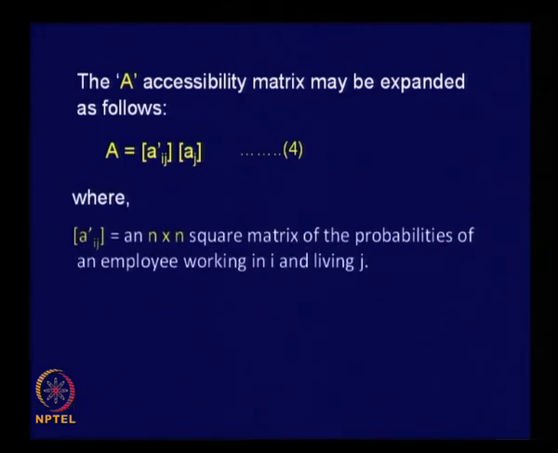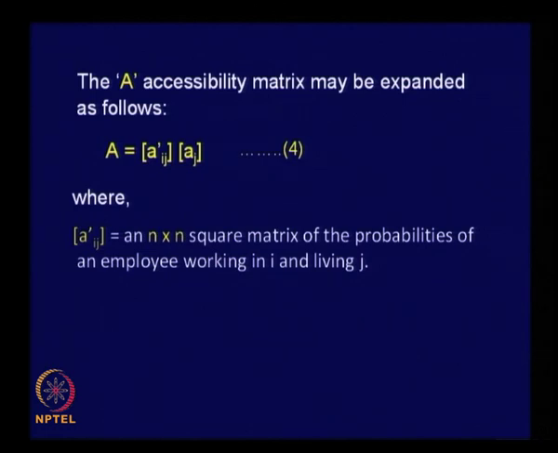where A dash ij is an n by n square matrix of probabilities of an employee working in I and living in J. Are you able to understand the explanation for A dash ij?